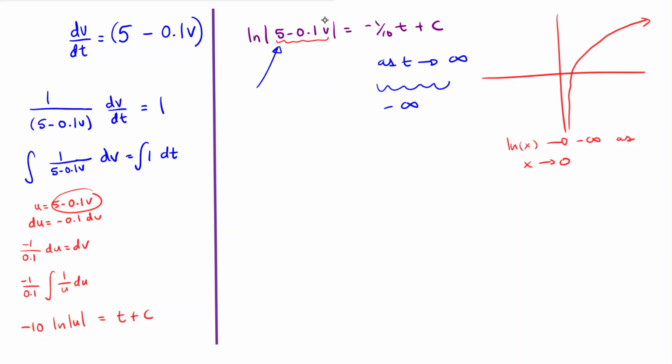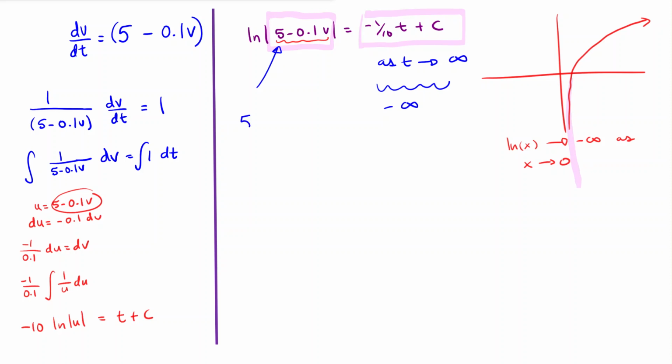It's a composition of something more complicated. So we know the left side will equal the right side. As t goes to infinity, this goes to negative infinity. And that will only happen if this interior goes to 0, because natural log of something getting closer and closer to 0 approaches negative infinity.